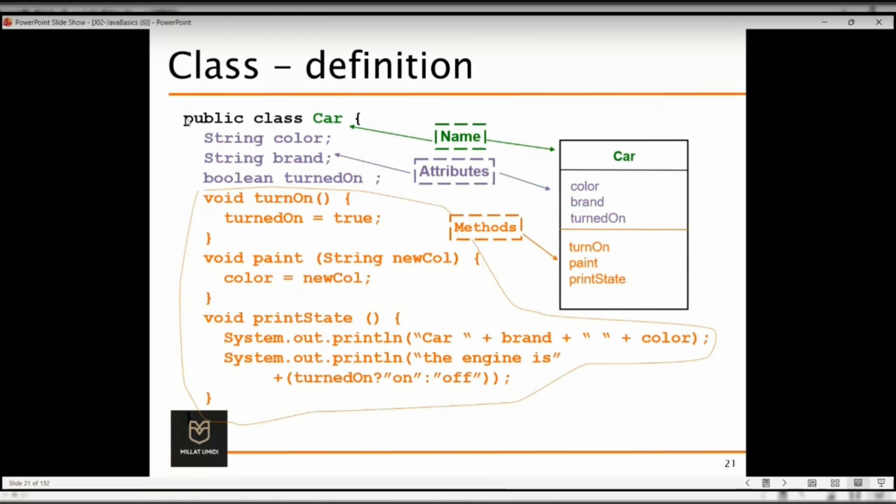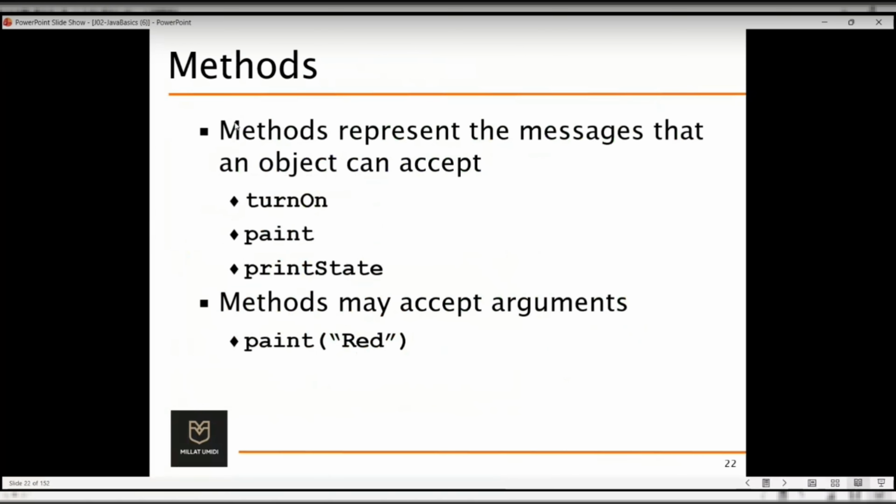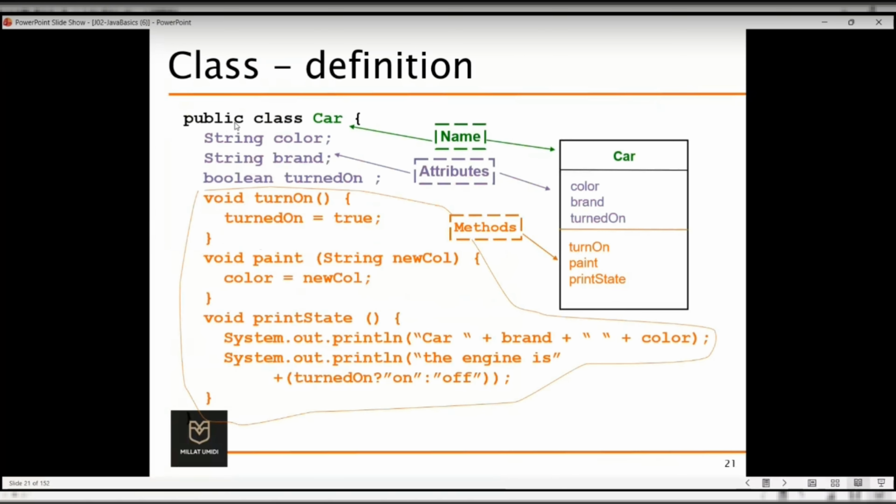Here, first we are setting its scope, public. It can also be private, or it can also be protected. Then the keyword class, and then the name of our class. For example, here the name of our class is car, but you can name it whatever you want.